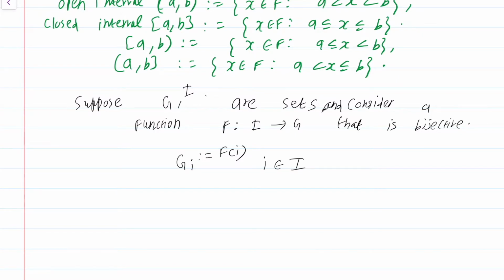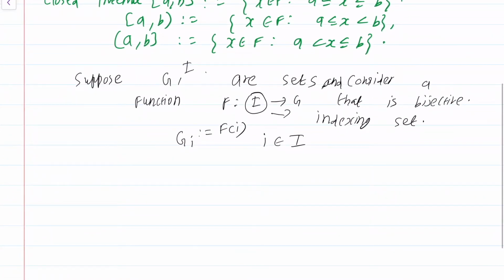So essentially what I have done is I have parameterized the elements of G by this set I. This set I is called the indexing set. So the elements of the set G, which are themselves sets, if you recall our module on axiomatic set theory, can be parameterized by the set I.